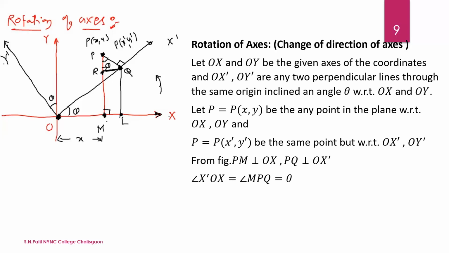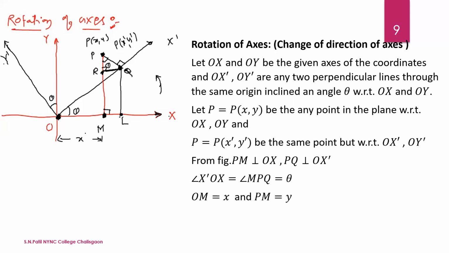See, this is the M point, this is the P point, this is the Q point. Why are these the same? Because the angle between the lines is equal to the angle between the perpendicular lines, on the axes OX and OY dash.